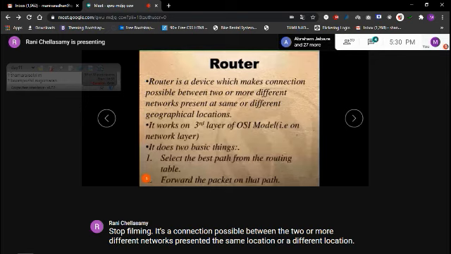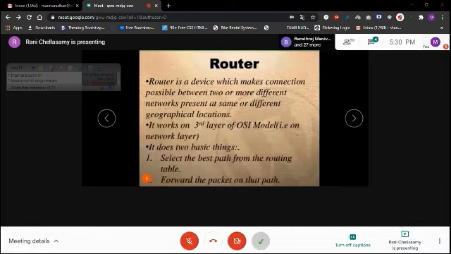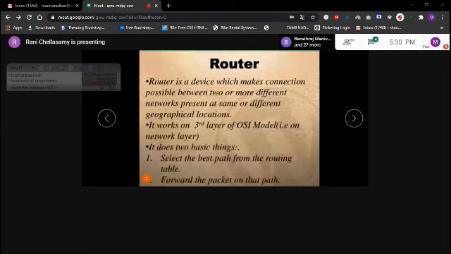Okay, and this router works on the third layer of the OSI model, that is network layer. And the basic functionality of router is, first one, it selects the best path from the routing table, and best path in the sense it will choose the optimal path which satisfies certain criteria.